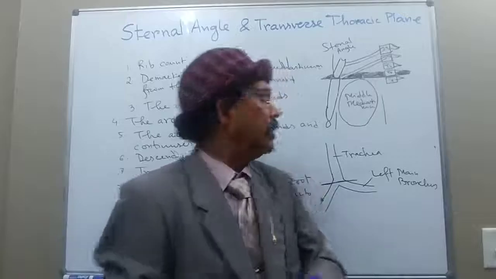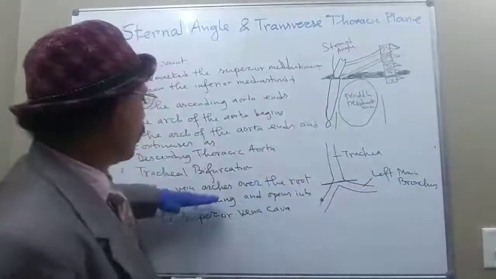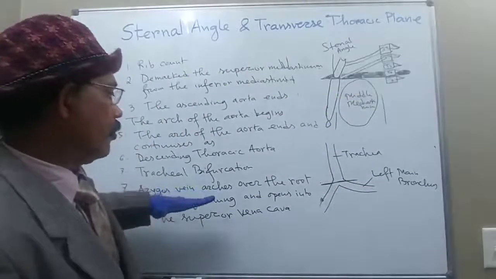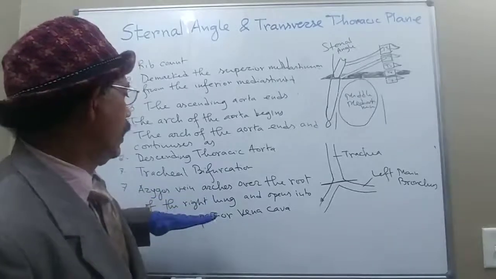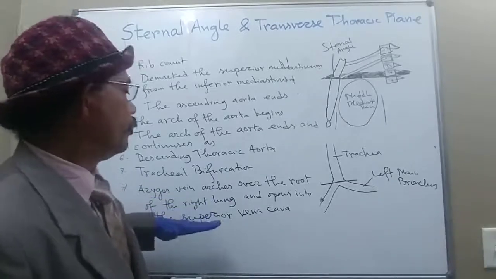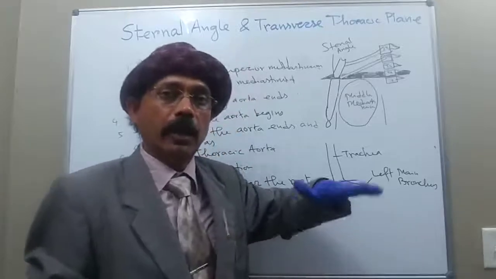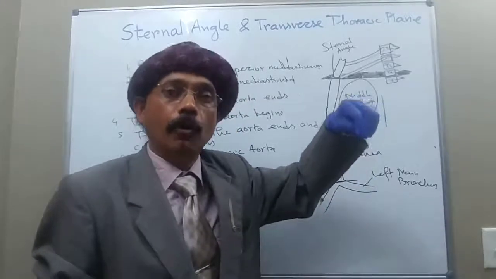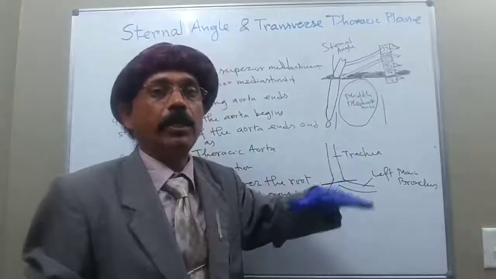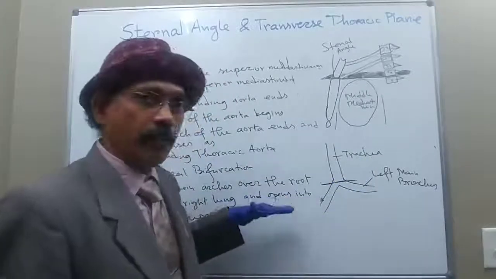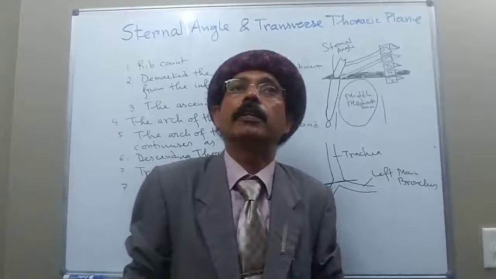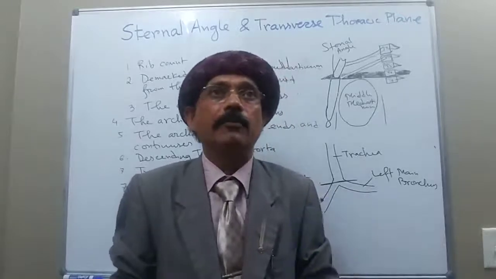So at this plane we get this part of the azygous vein, which arches over the root of the right lung and opens into the superior vena cava, and that opening is just above where the superior vena cava penetrates the pericardium. So this is just above that part. Okay, we got the azygous vein.